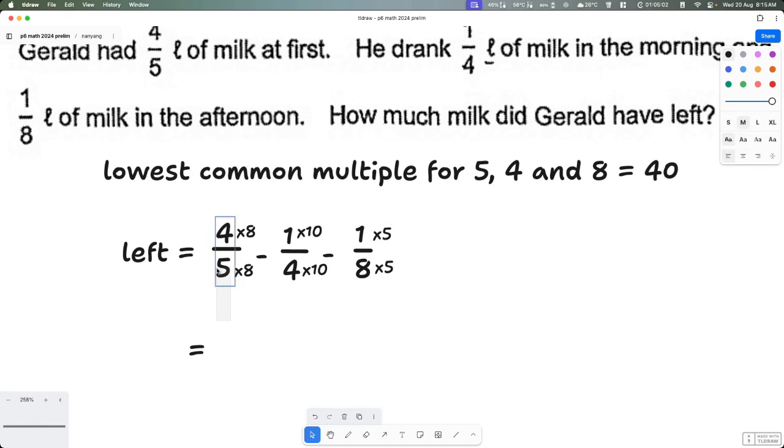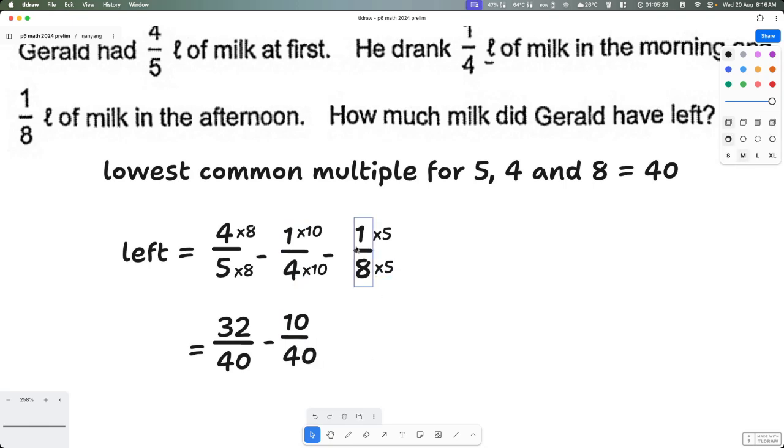Okay, so what will be the new fraction? 4 times 8 is 32, so this will be 32 out of 40. Then we minus. 1 out of 4 will be 10 out of 40.